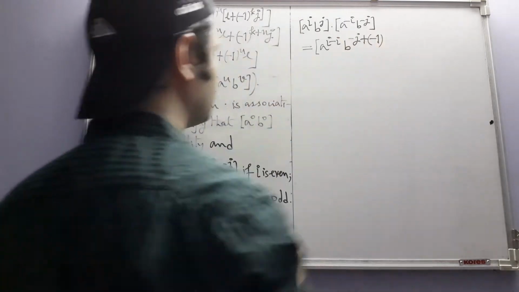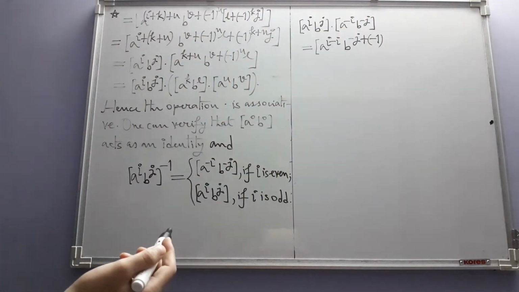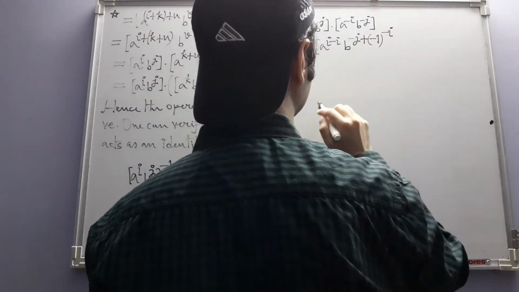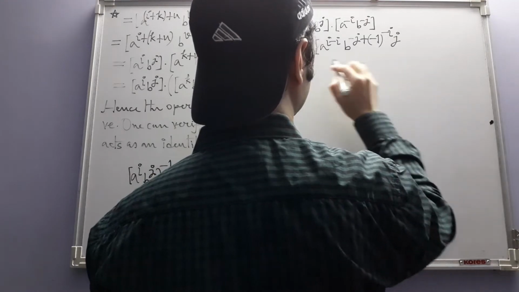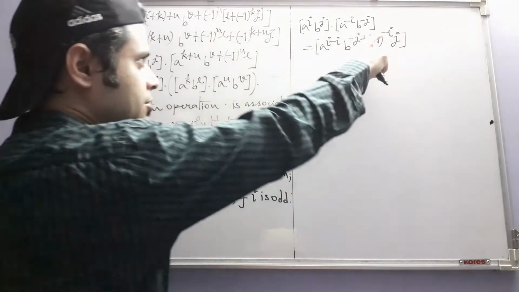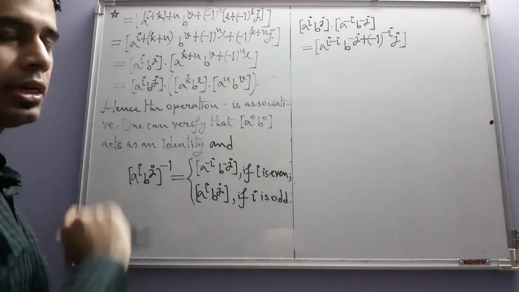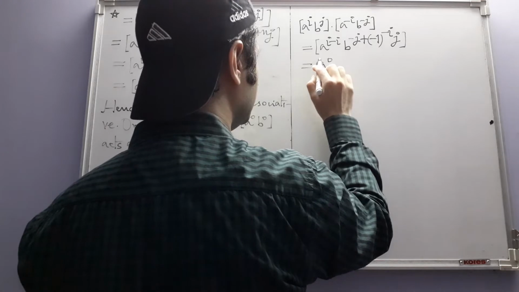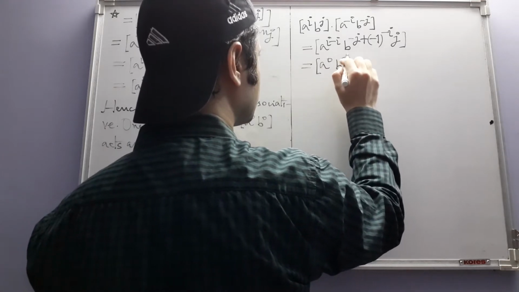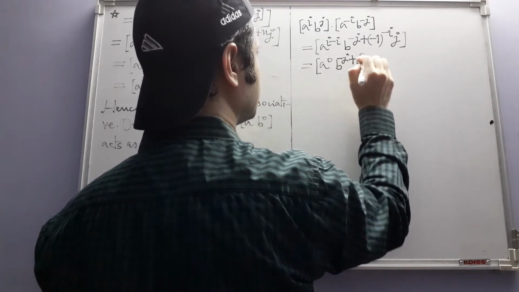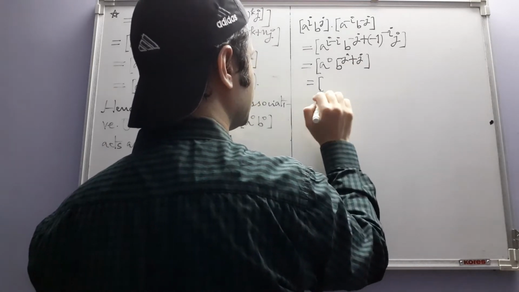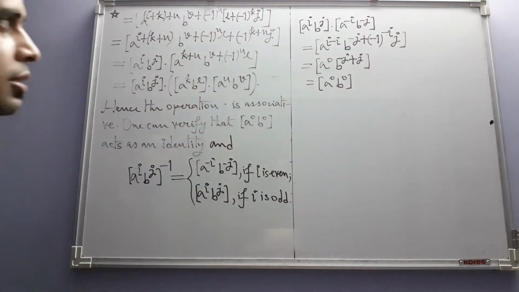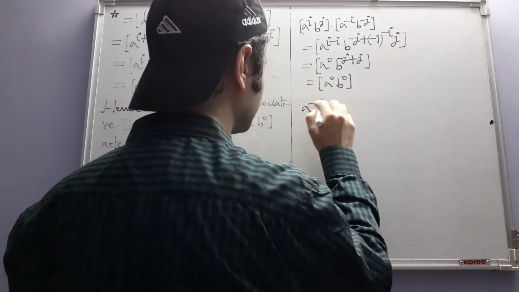Because this part will appear as an exponent for minus 1. So that's why we need to see whether it is even or odd. Now since i is even, minus i is also even. So it gives us minus j plus j, and we end up having this, the identity element.